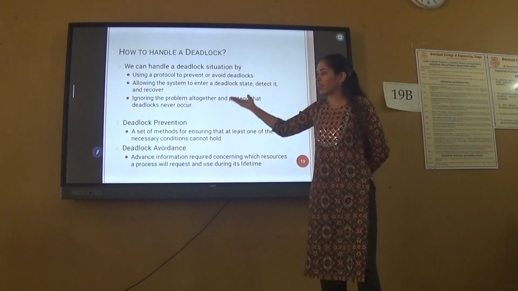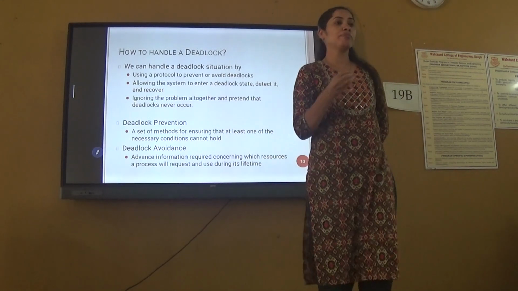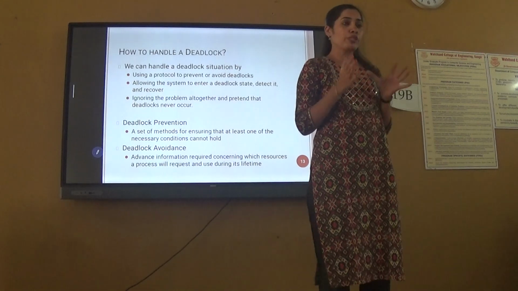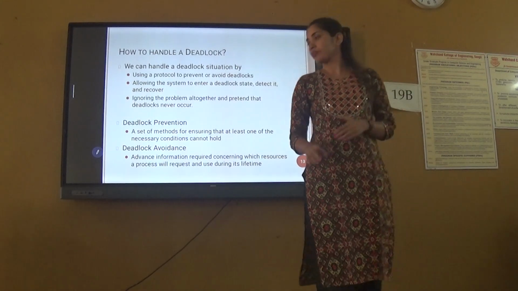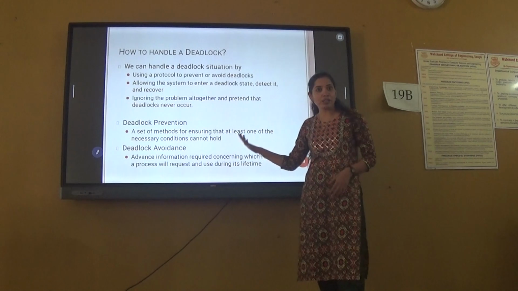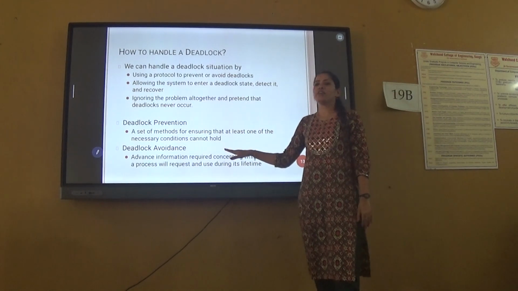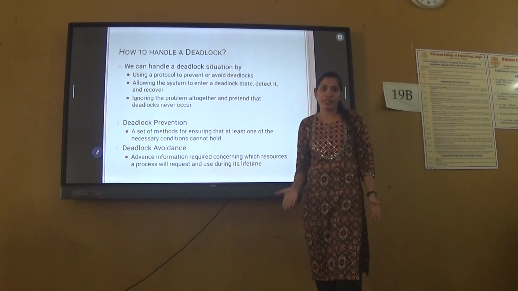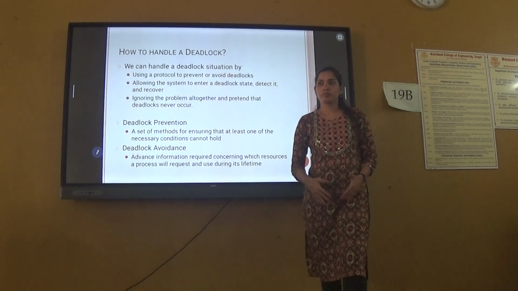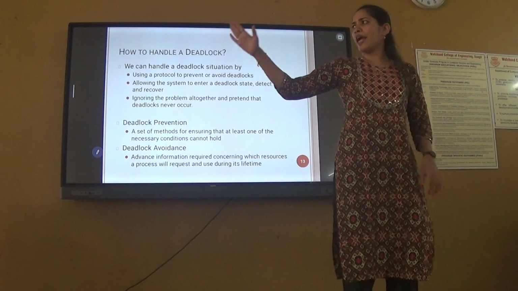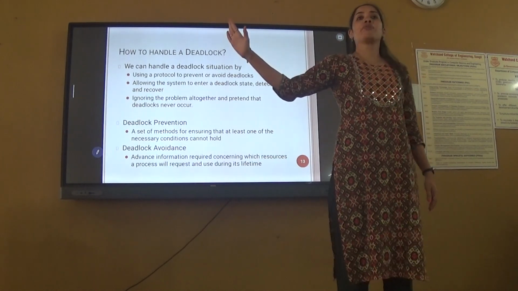So first, how can we handle a deadlock? Obviously, prevention is better than cure. We have to see that deadlock should not occur. We should have such an arrangement that deadlock never occurs. Even if the deadlock would occur, how could we avoid it? What is prevention?